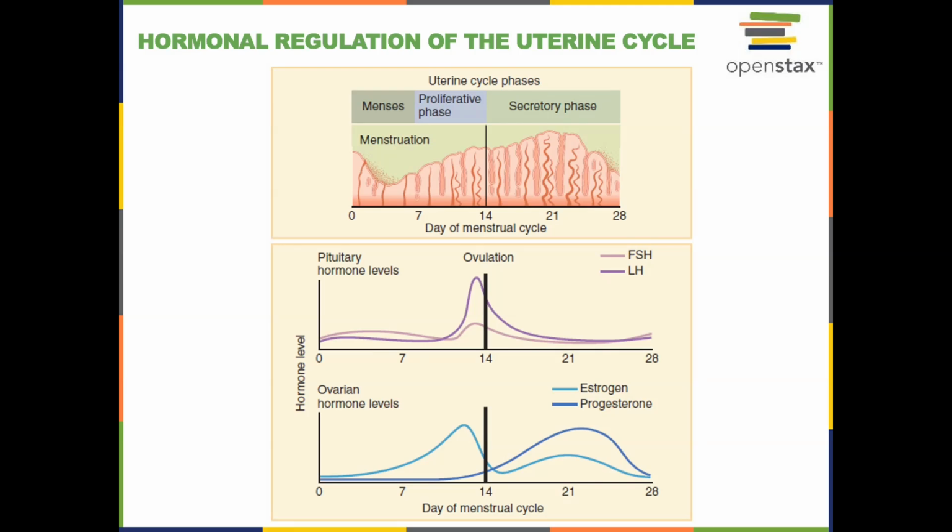But progesterone also has a negative feedback effect to decrease the levels of luteinizing hormone. As luteinizing hormone levels fall, the corpus luteum will degenerate into corpus albicans, causing progesterone levels to decline. As progesterone levels fall, this will trigger menstruation, the shedding of the stratum functionalis of the endometrium.